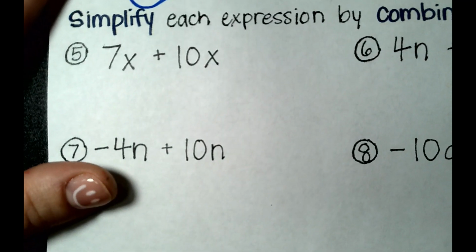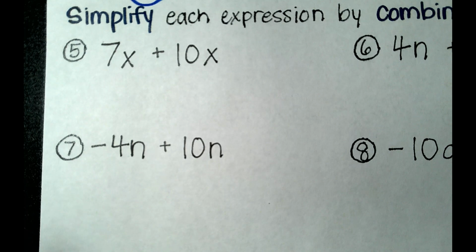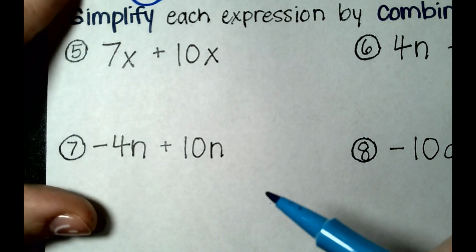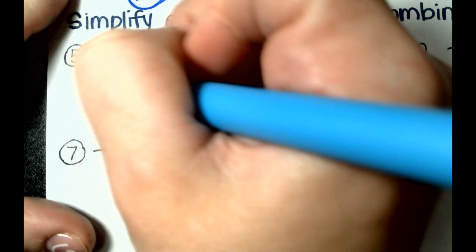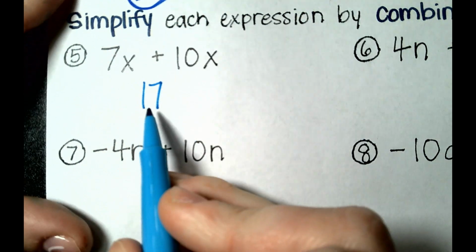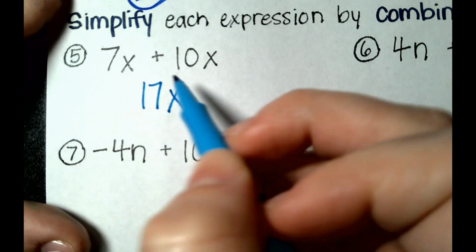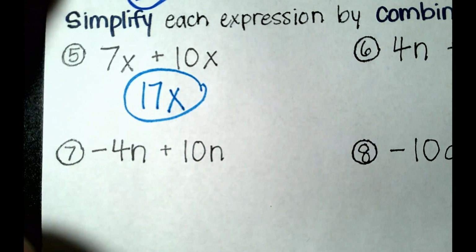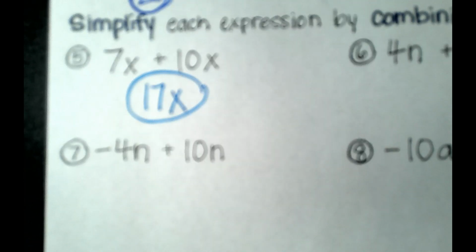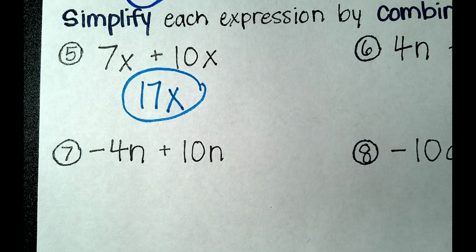So for number 5, I have 7x plus 10x. Are these like terms? Can I combine them? Yes. So what's 7 plus 10? 17. The only thing you need to remember not to forget is that x. And guess what? That's your answer. That's all you have to do on this one. Not too bad, huh?